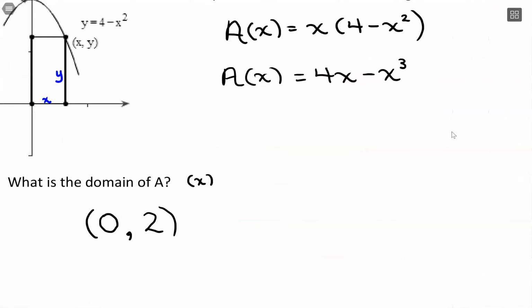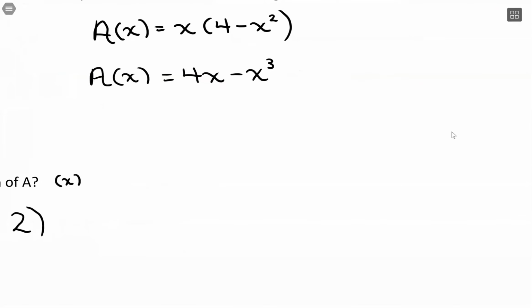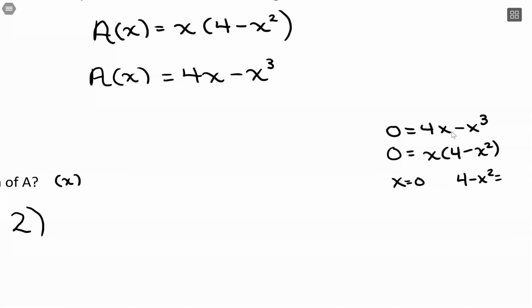Now how we could have solved this algebraically is plugging in 0 for A of x and solving. We would take out our greatest common factor, which would be x, and then we would solve. So we'd have x equals 0, and 4 minus x squared equals 0, and then we'd end up with x equals plus or minus 2.